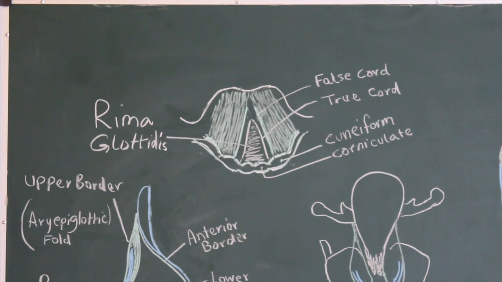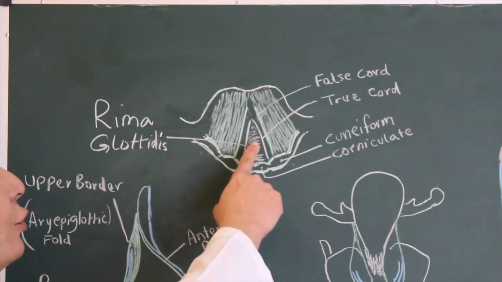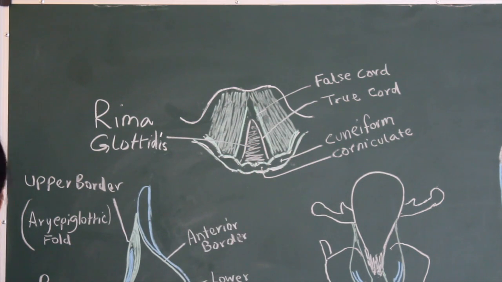Let me talk about a few other terminologies we use when we talk about the anatomy of the larynx. The region which is present above the true vocal cords, this whole region is known as the supraglottic region, because the space between the two true vocal cords is known as glottis or rima glottidis.